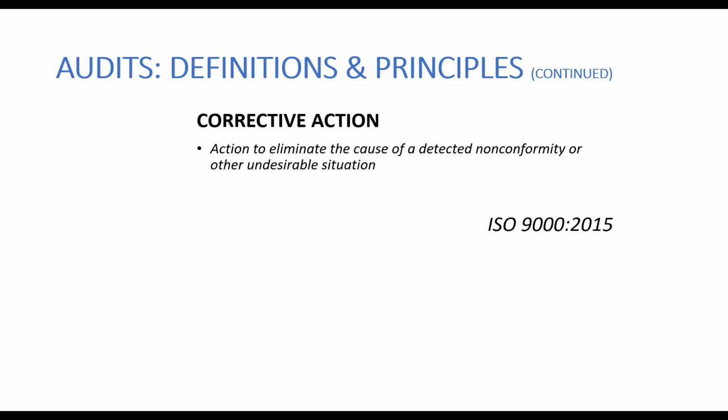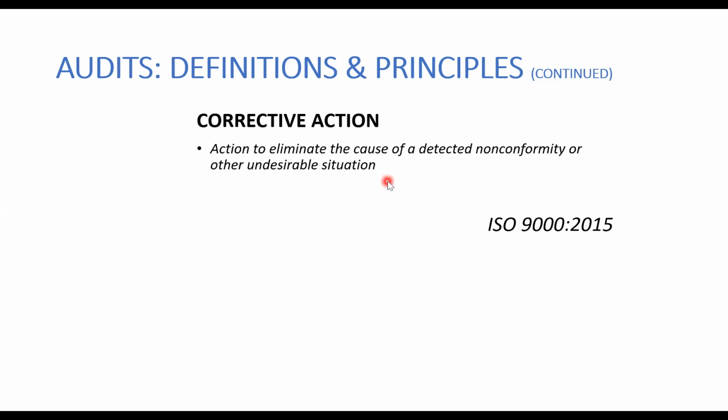The departmental heads are going to give us their root cause, and we are going to review it, and once we agree as auditors, then they can implement those corrective actions, right? So don't mix correction and corrective action.